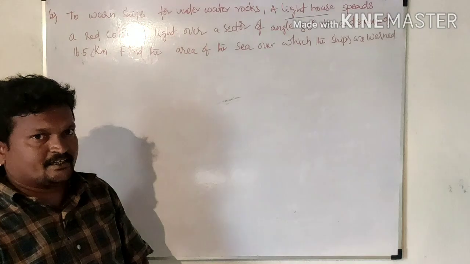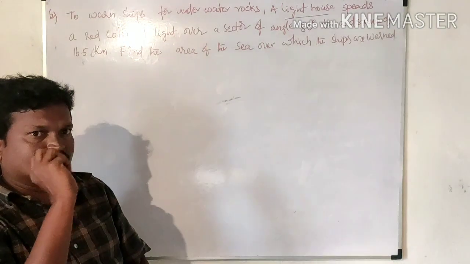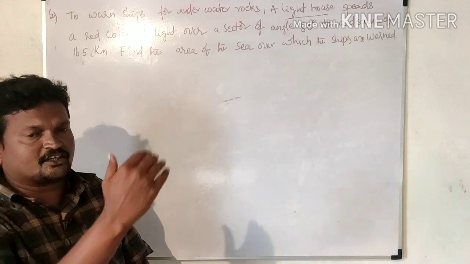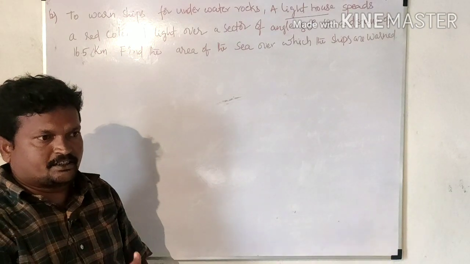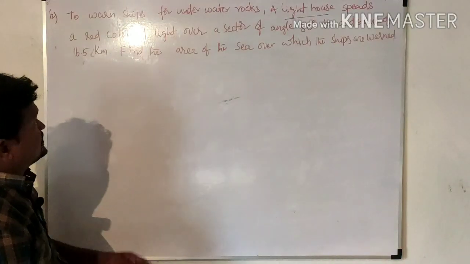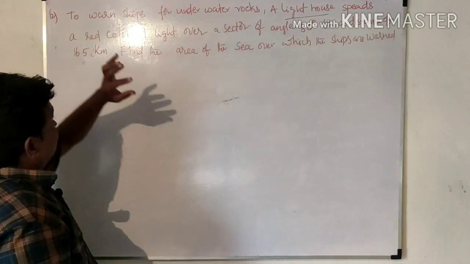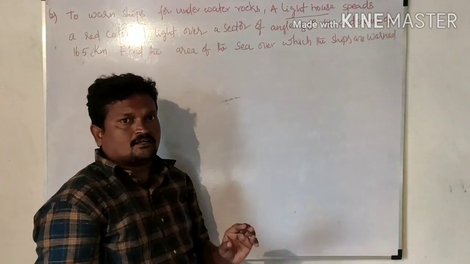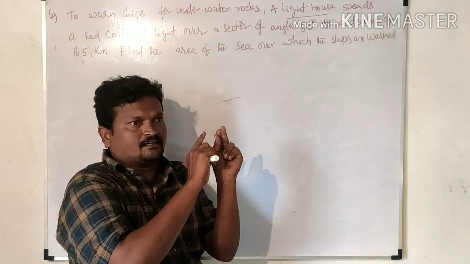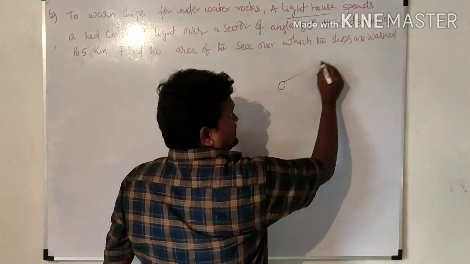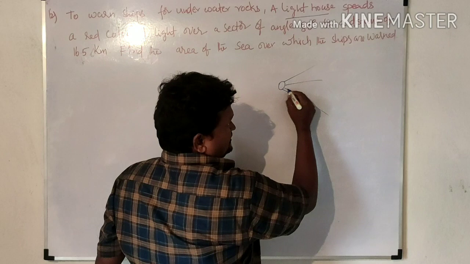By seeing that light, the ships will reach the bank. So like that, one lighthouse is there. That lighthouse spreads a red-colored light over a sector. For example, it is a light, and it will give the light like this.